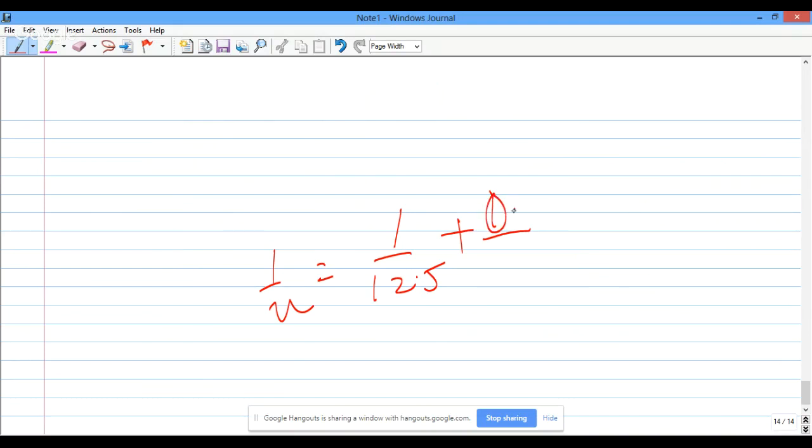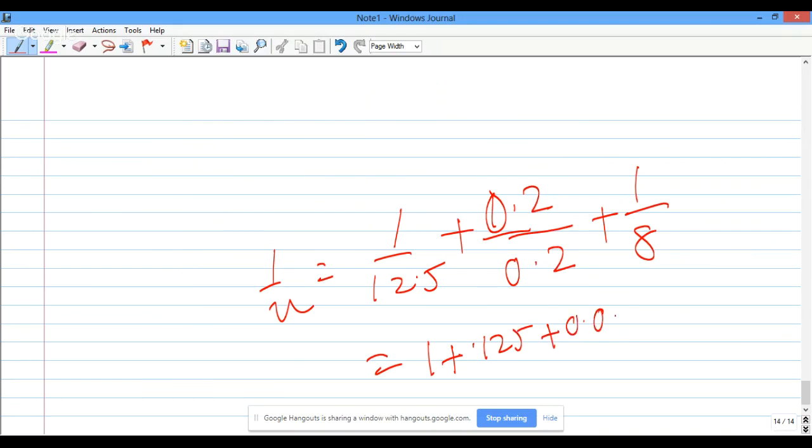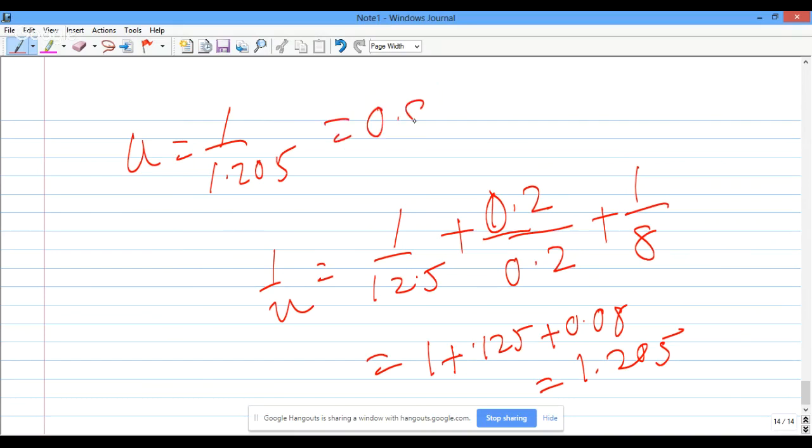So 0.2 meter divided by the conductivity, which I was saying is 0.2, at a low density of say 400 kg per meter cube, plus 1 by 8. You can see that this value would be something like 1 plus 0.125 plus 0.08. How much does it come to? 1.205. Therefore, the U value will be 1 by 1.205, 0.83. Very small, relatively.